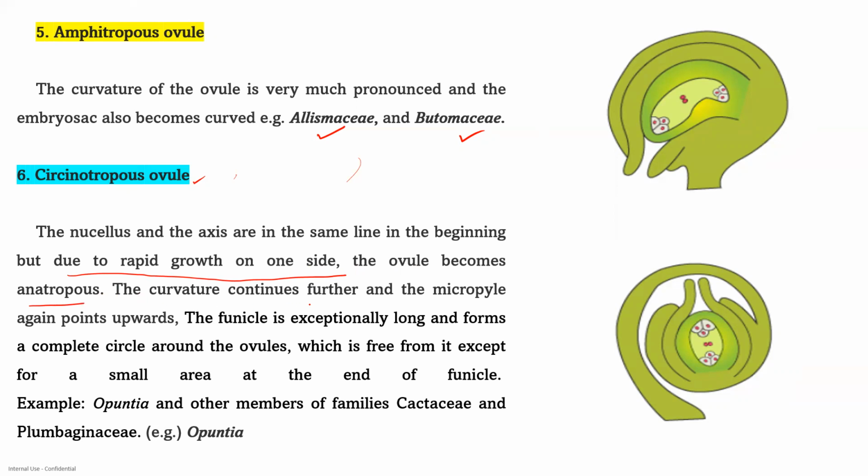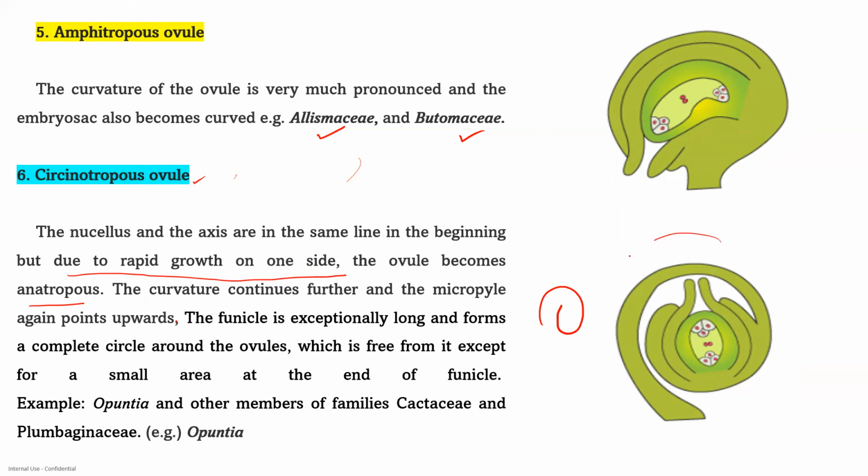Okay. The curvature continues further and the micropyle again points upward. So it goes on curving, and this results into this orientation. Micropyle again points upward. The funicle is exceptionally long and forms a complete circle around the ovule.